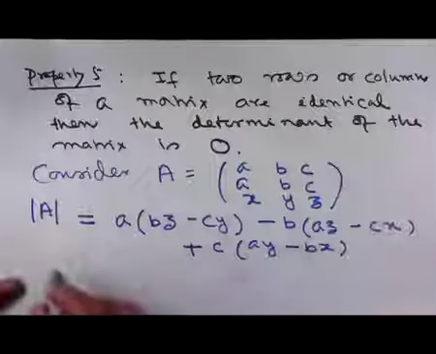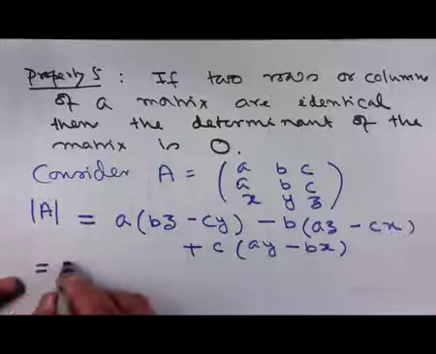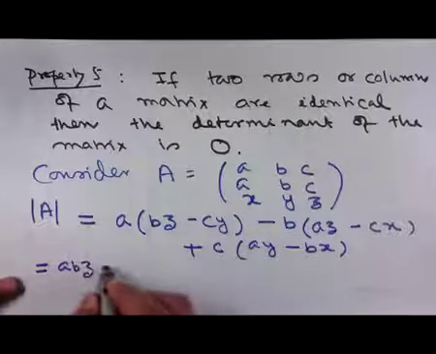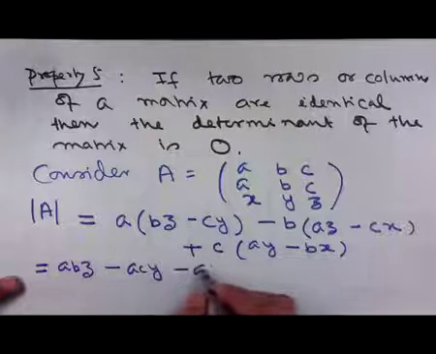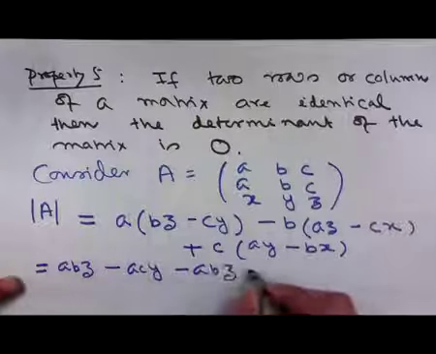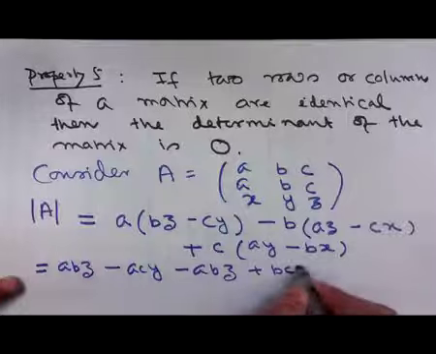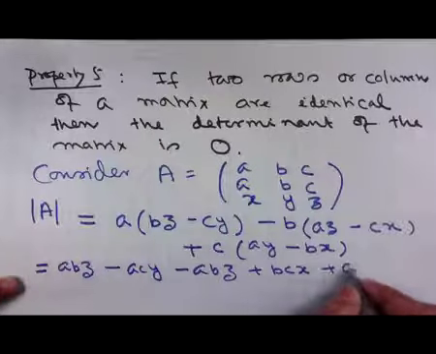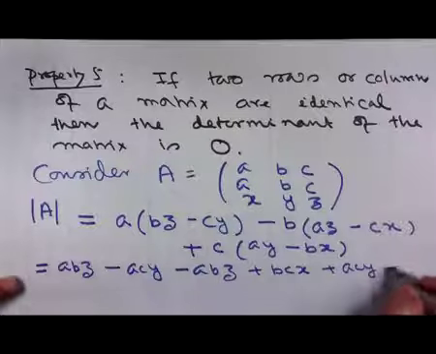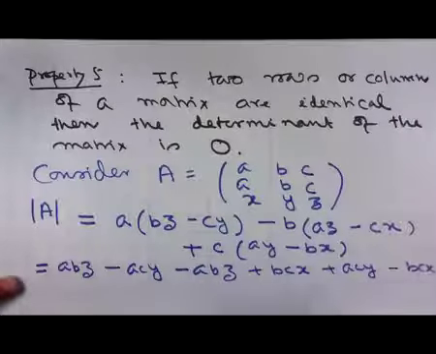This we know. This is equal to A B z minus A C y minus A B z plus B C x plus A C y minus B C x.